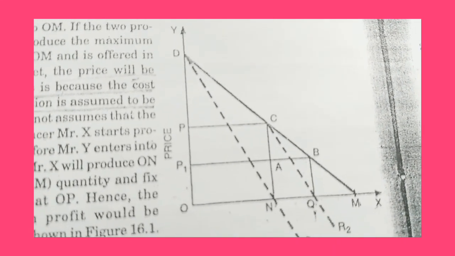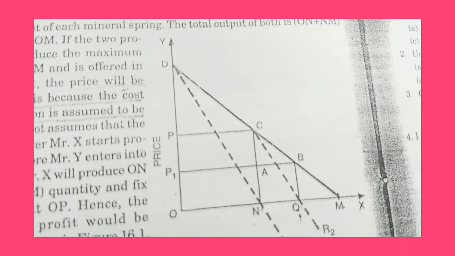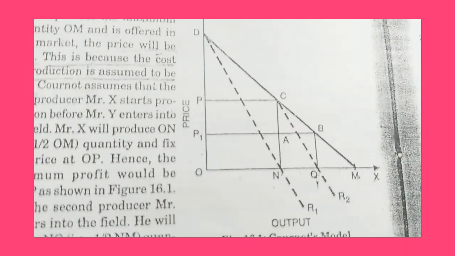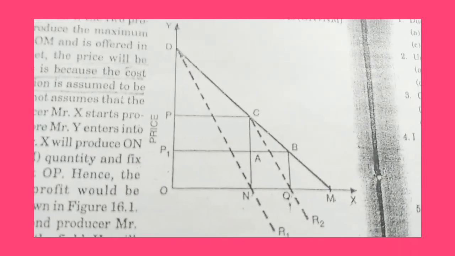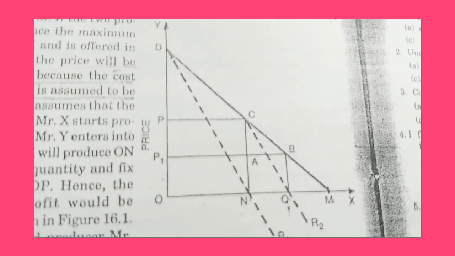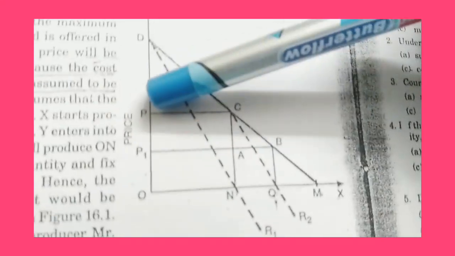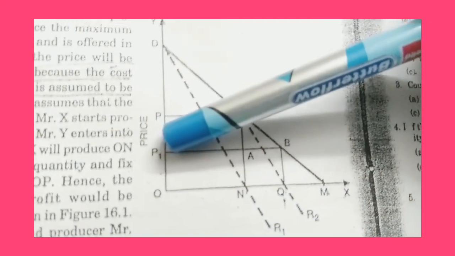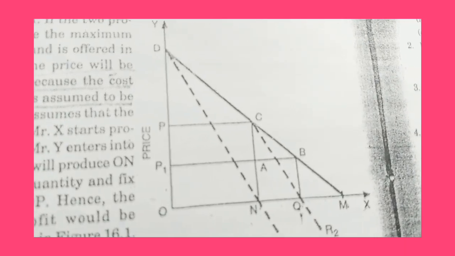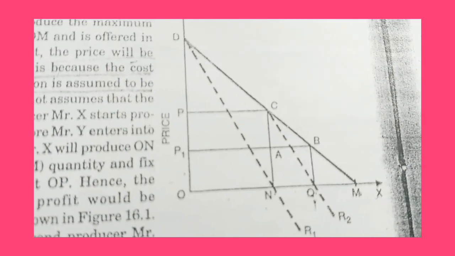Since the second producer, Mr. Y, has fixed the price at OP1, which is less than the price fixed by Mr. X, that is OP, Mr. X should also bring down the price from OP to OP1. He cannot sell at a higher price since the product is homogeneous.